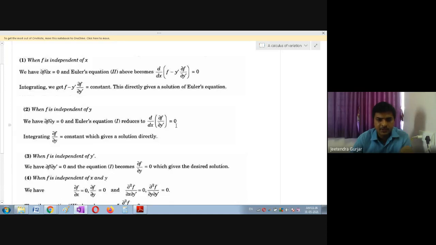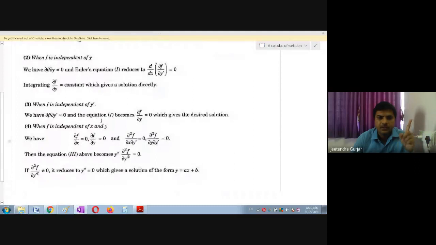Please remember, when it is x, we differentiate f minus y' dou f upon dou y' is equal to 0. If y is independent, then we just differentiate dou f upon dou y' is equal to 0. Then integrate this, you will get dou f upon dou y' is equal to some constant.